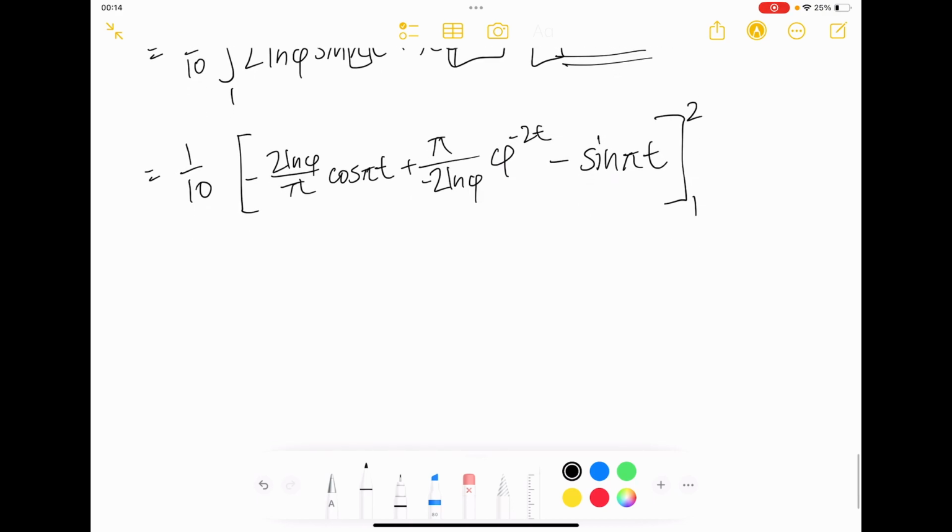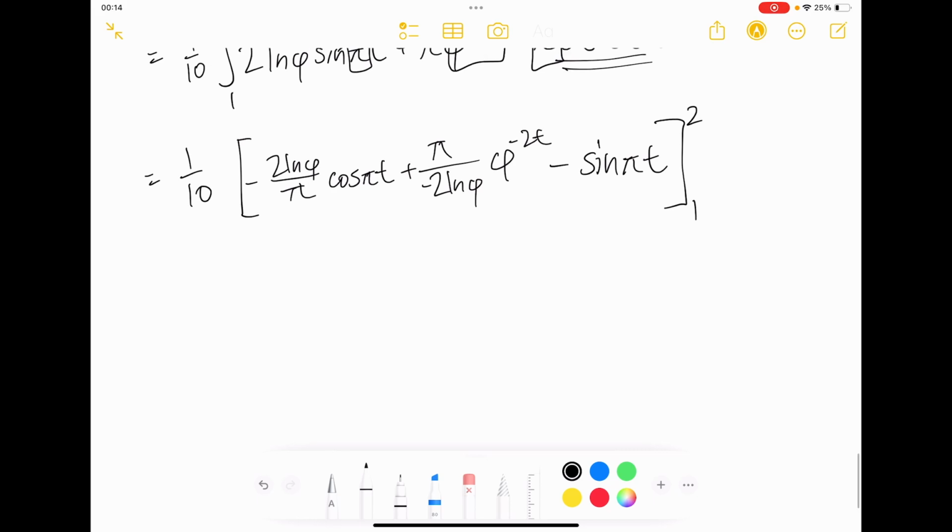So, plugging stuff in. Let's plug in 2 first. What happens when we plug in 2? Well, we get cosine of 2 pi, which is just 1. So we'll get 2 natural log phi over pi times 1.